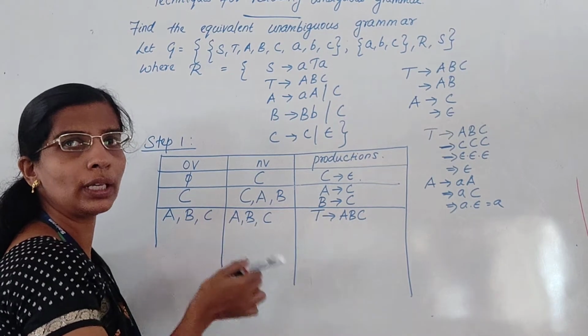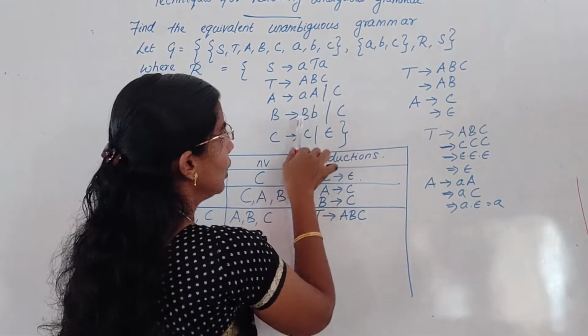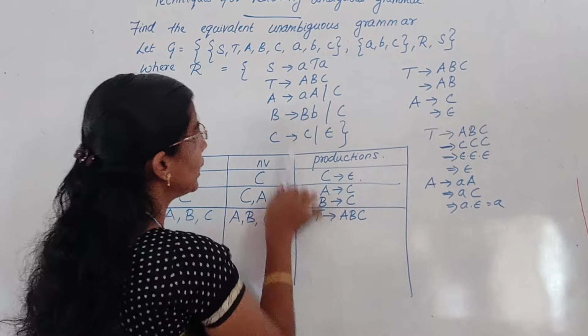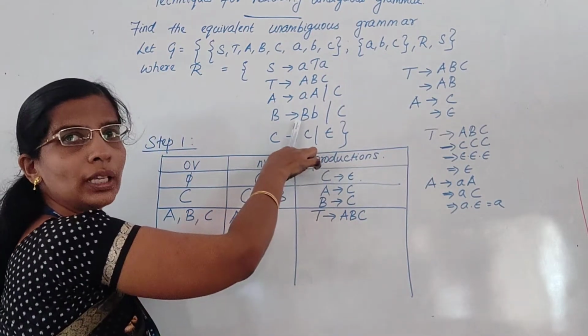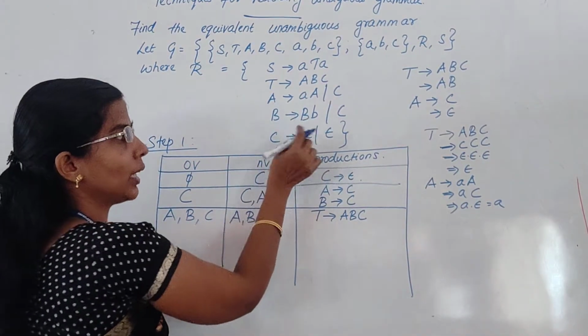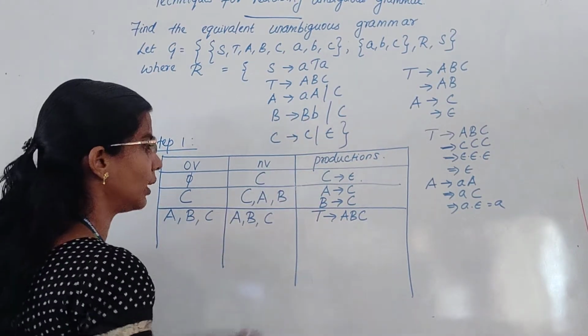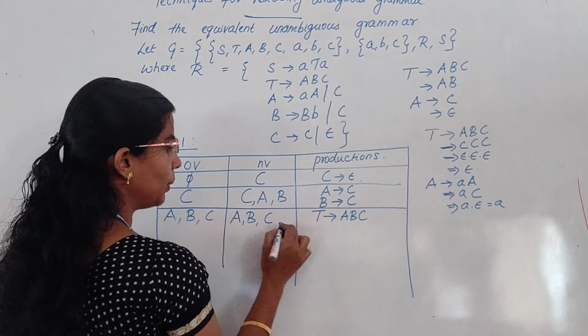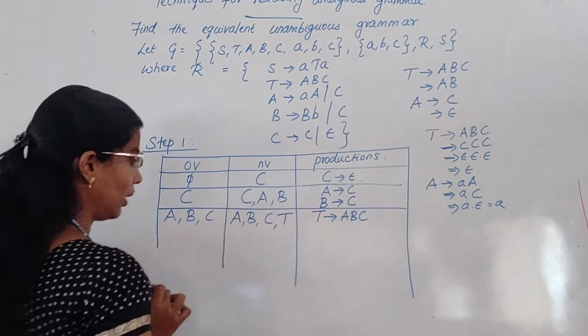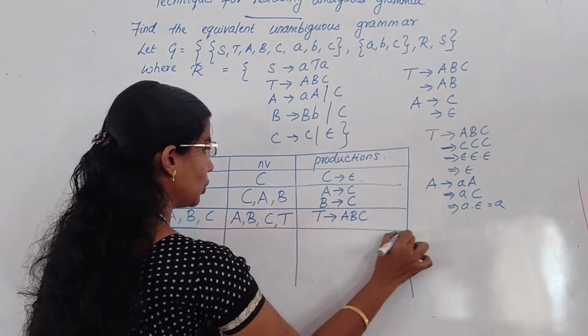I should get only epsilon in RHS. Similarly, for B also, I won't get only epsilon in RHS because I have a lowercase letter here. So include this new variable T. Next, what should I do?